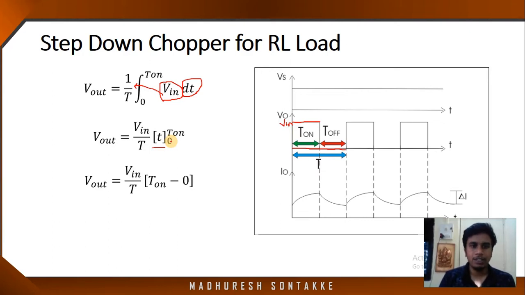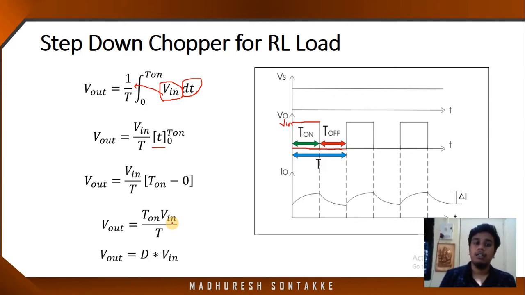If you solve this, you will get the final V out equal to T on divided by T into V in. If you recall the previous slide, V out is equal to D into V in. Why? Because T on upon T is D, which we have seen in earlier slides.